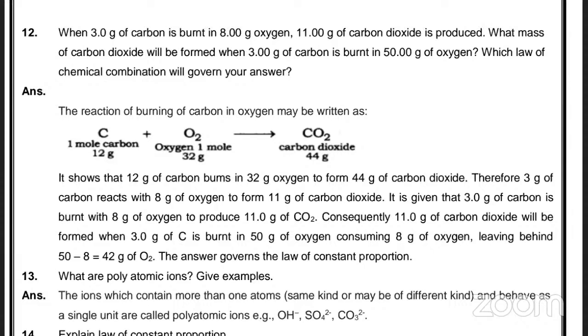Therefore, 3 gram of carbon reacts with 8 gram of oxygen to form 11 gram of carbon dioxide. It is given that 3 gram of carbon is burnt with 8 gram of oxygen to produce 11 gram of CO2. Consequently, 11 gram of carbon dioxide will be formed when 3 gram of carbon is burnt in 50 gram of oxygen, consuming 8 gram of oxygen, leaving behind 50 minus 8 is equal to 42 gram of O2. The answer governs the law of constant proportion.